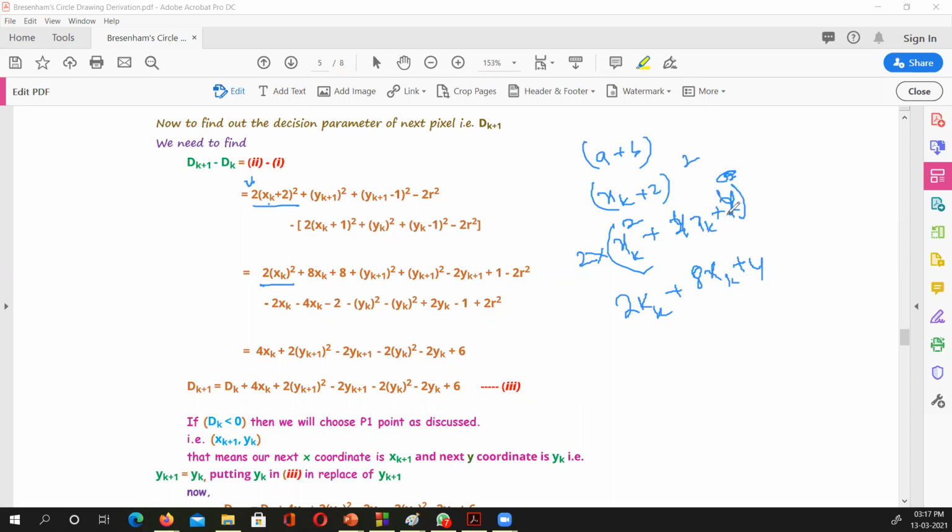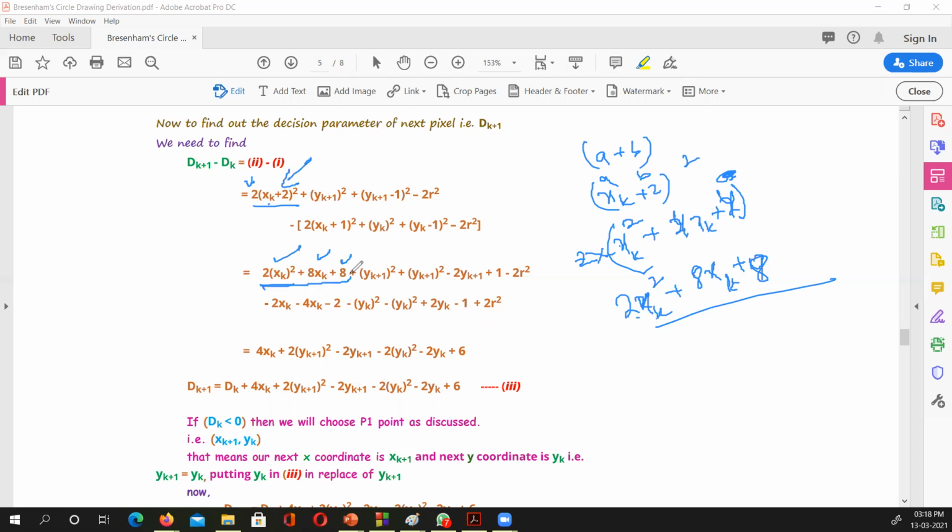When I solve it, this is x_k squared plus twice ab, 2 into a into b, where a is x_k and b is 2, that's 4 times x_k, plus 2 squared, that is 4. Now multiply with the 2: 2 times x_k squared, plus 2 into 4 is 8 times x_k, plus 2 times 4, which is 8. As you could see, 8 times x_k plus 8. So this is the solution of this one.